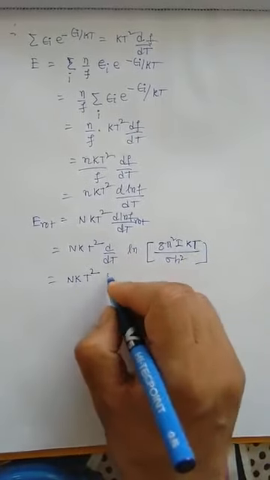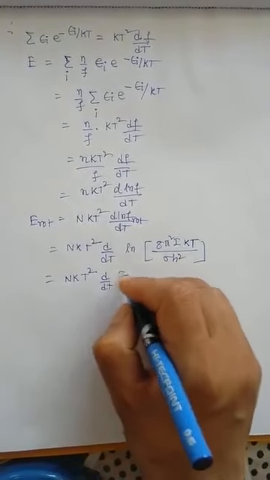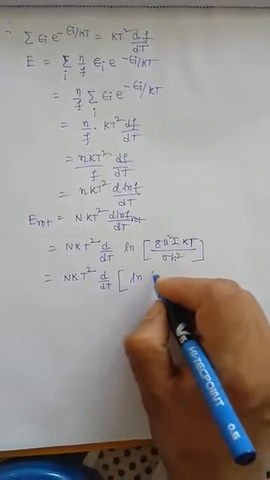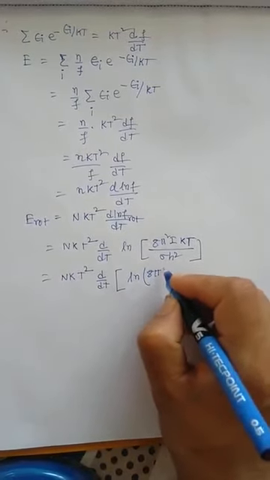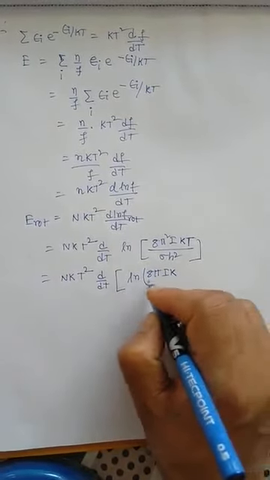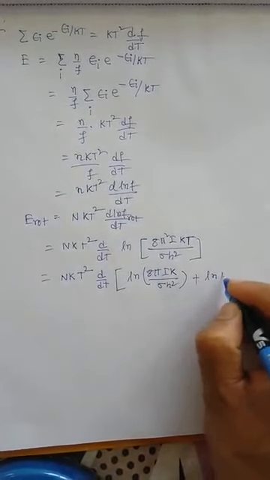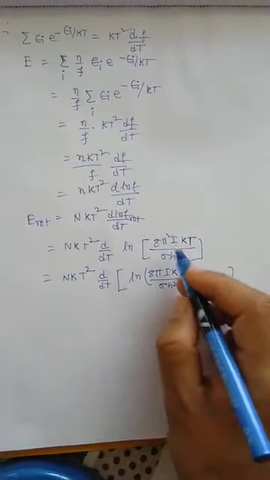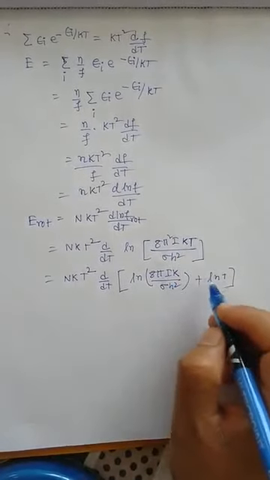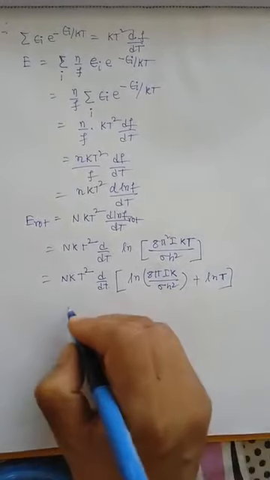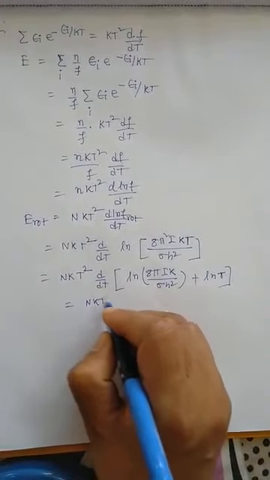So d by dT, and I can write ln of 8π square I k by σh square on one side plus ln T on the other side. This is simply x into y, I just split it as ln x plus ln y, equal to N kT square.